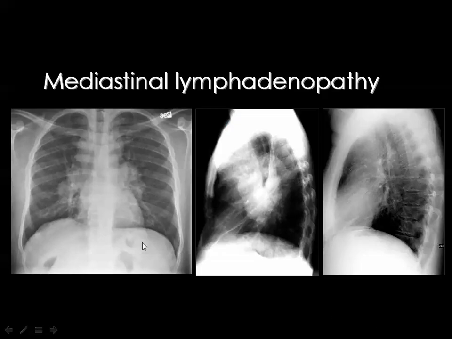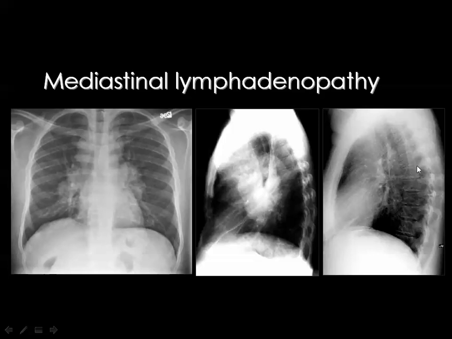Then if you look here and you see that the hilum is enlarged on both sides, you consider this either vascular or nodal enlargement. Then you look at the lateral view. If you see an extra density superimposed on the hilum, this is lymphadenopathy.